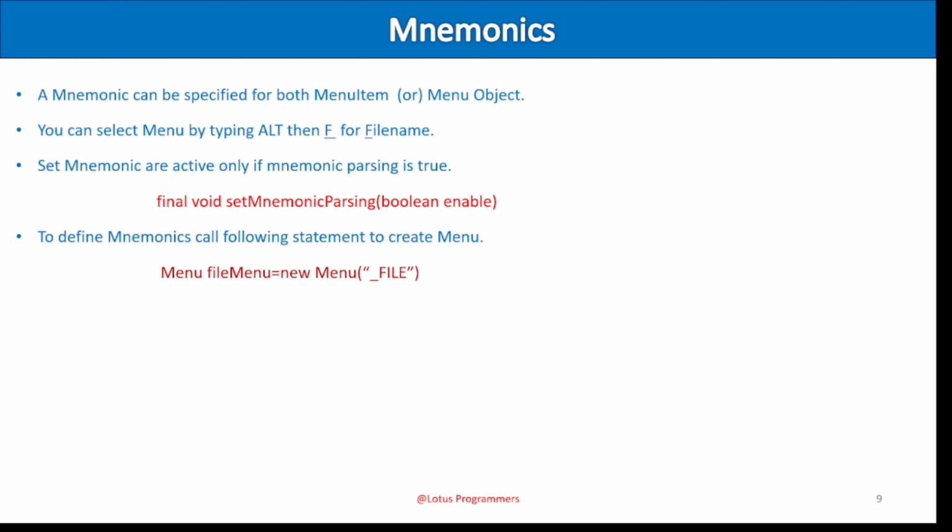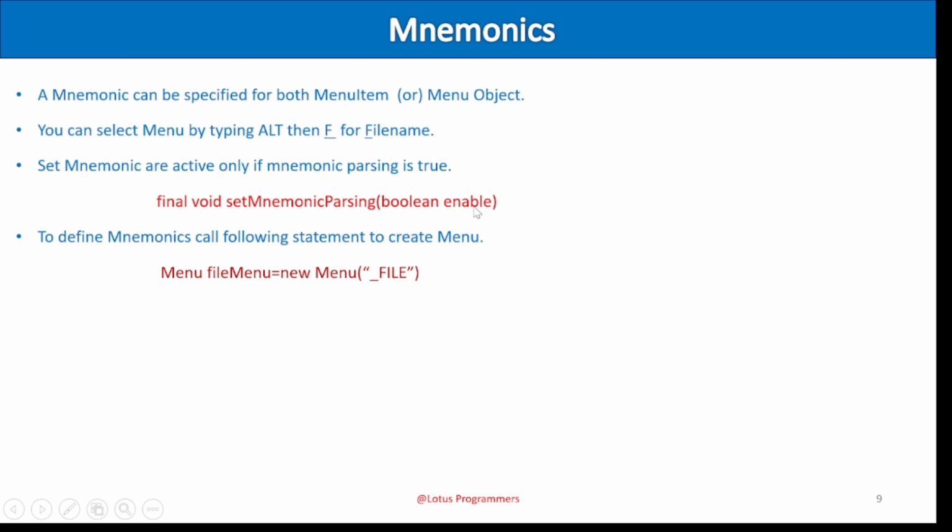Suppose you'd like to access the file menu, edit menu or any menu through the Alt key, we have to set the mnemonic for menus. How to set the mnemonic for menus: through the menu object or menu item object, we call the setMnemonicParsing method, passing true as the argument.